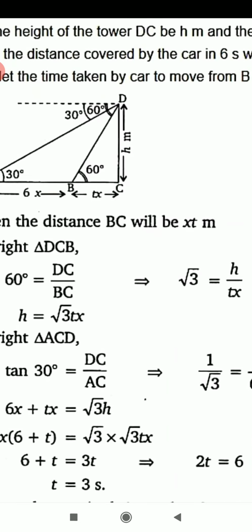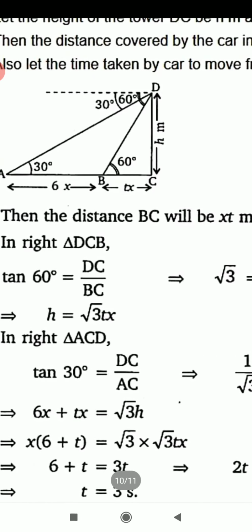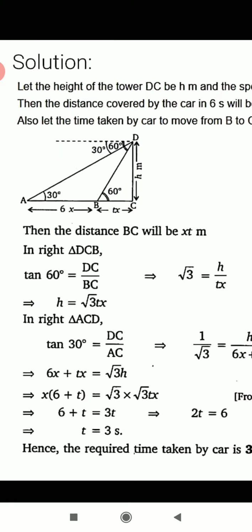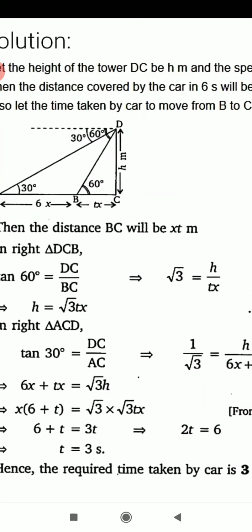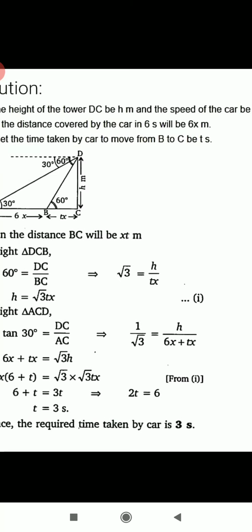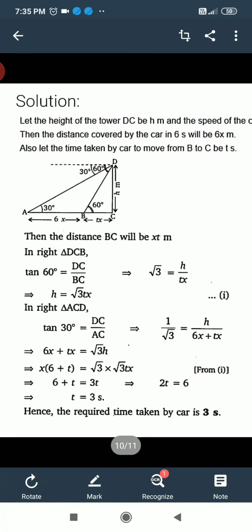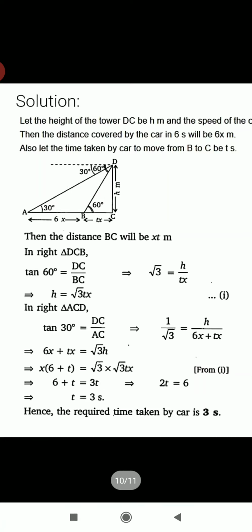Let BC be x, distance, time is t, let the speed of the car be x meter. Now distance equals speed into time.